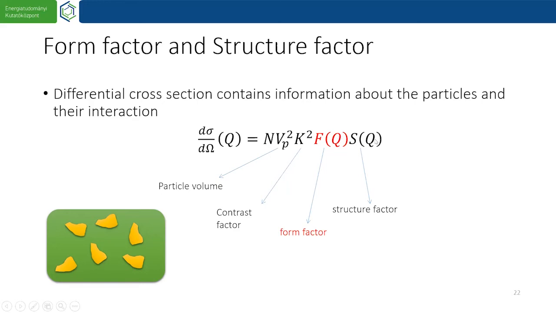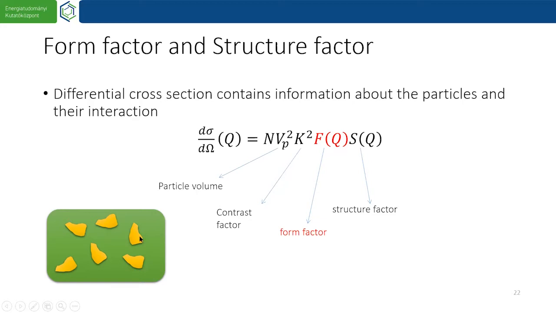And two more interesting factors, which in fact we want to determine from an experiment. One of them is called the form factor, or shape factor, in other words. And this corresponds to the shape or to the form of these particles. So these are rather ugly particles. In fact, we don't know the scattering from this particle.